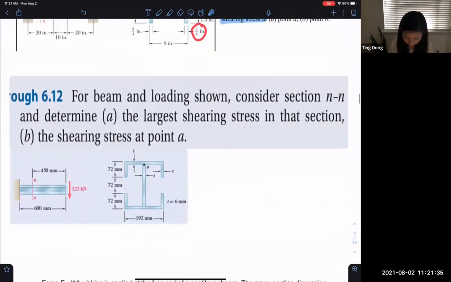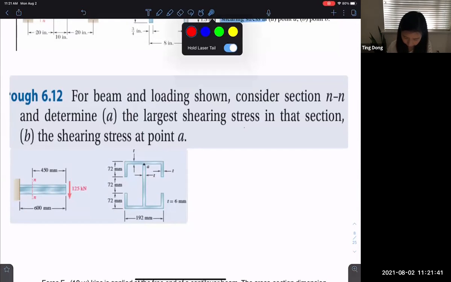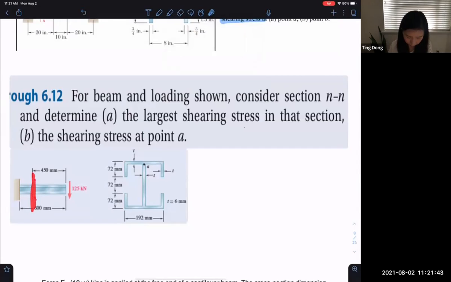I think, is this the homework or an exam problem? This is the same thing, cut the section and end. By the given loading condition, we know what the internal shear force is at this point, and we need the largest shear stress in the section and the shear stress at point A. The largest shear stress is always at the neutral surface of the entire cross section.